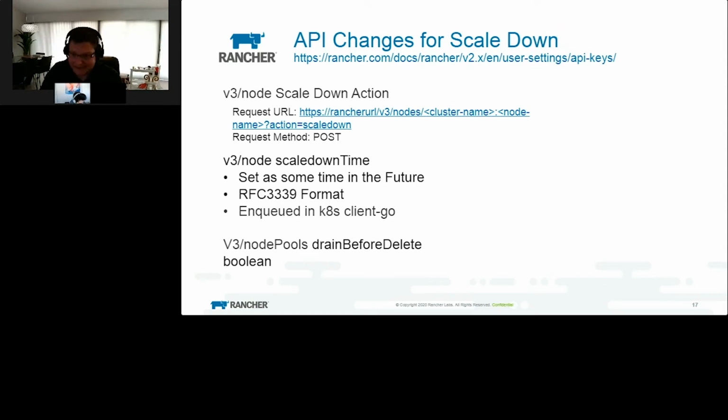Then there is the question that was asked earlier. How do you actually confirm that the pool is clean and can go away? I'm sorry, not the pool, the node. How do you confirm the node is clean and can go away? We've added functionality for drain before delete now to a node pool. This is actually functionality that I had added earlier to vSphere. vSphere has a problem with storage providers where if you delete a node, it was just thrashing and deleting the VMDKs under the hood.